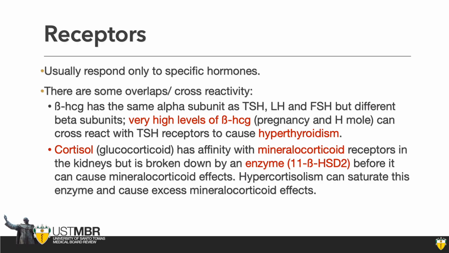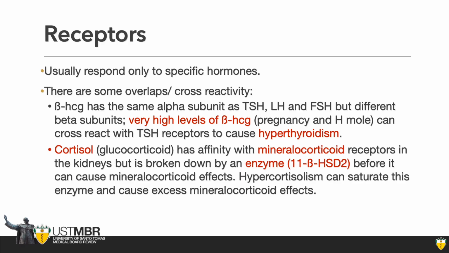hyperthyroidism. Another common example is that although the main mineralocorticoid in our body is aldosterone, cortisol is equally potent in attaching to the mineralocorticoid receptors, exerting the same effect, supposedly. However, in the kidney tubules, where aldosterone has most of its action, there's an enzyme called 11-beta-hydroxysteroid dehydrogenase 2 that breaks down cortisol, thereby breaking down its mineralocorticoid effect.